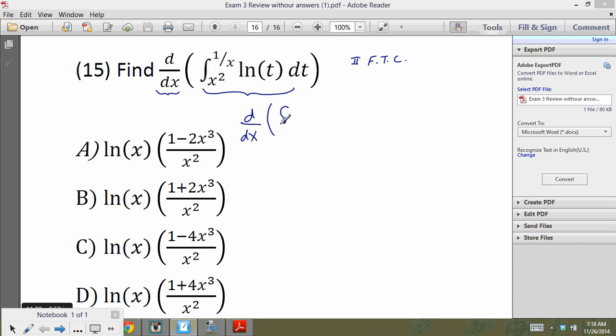It's going to be the integral from x squared to 0 of the natural log of t dt plus the derivative from the lower bound of 0 to the upper bound of 1 over x of the natural log of t dt.